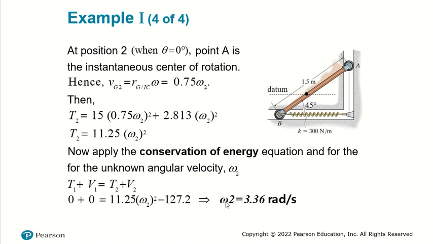So that's omega at state 2. So final omega is 3.36. It's already done for the square root. Sorry about that. What I'm saying is it's not omega squared. In this case, they're using the state 2 as a subscript, not omega 2. So already square rooted, that's 3.36 radians per second.